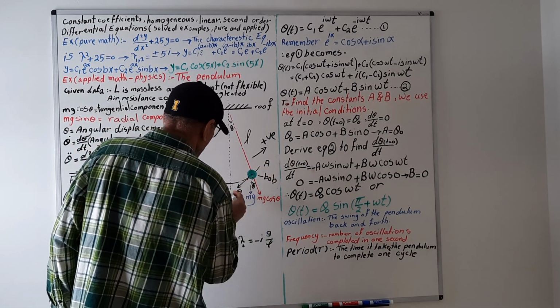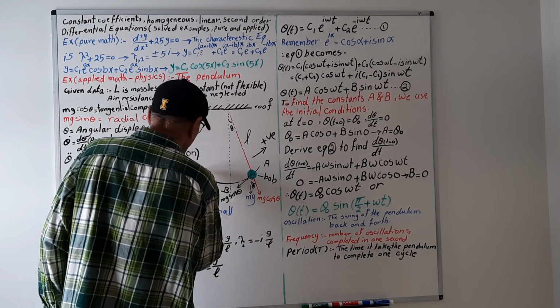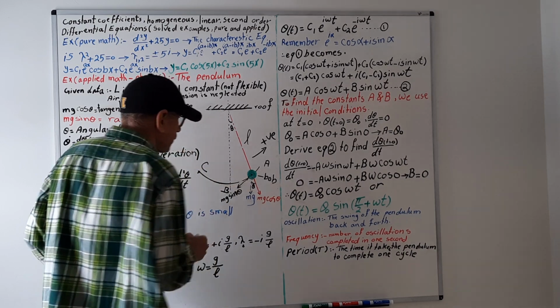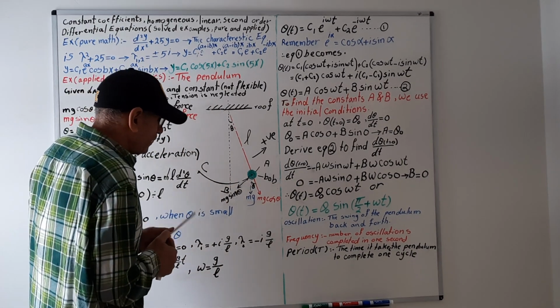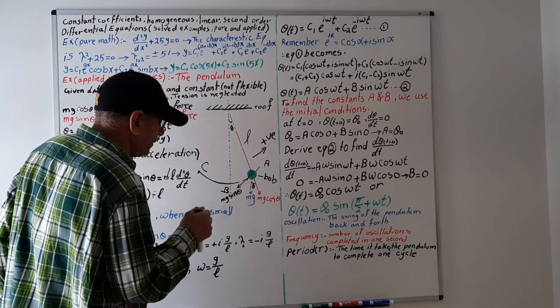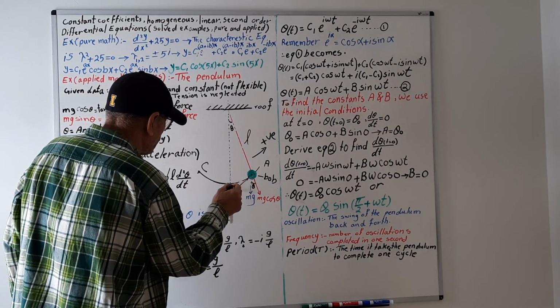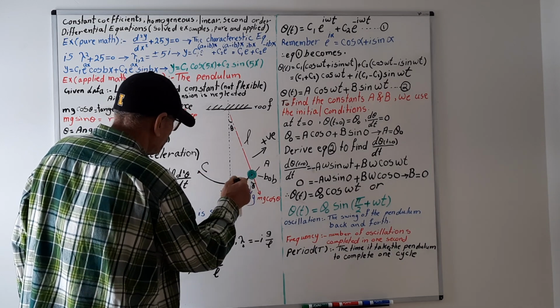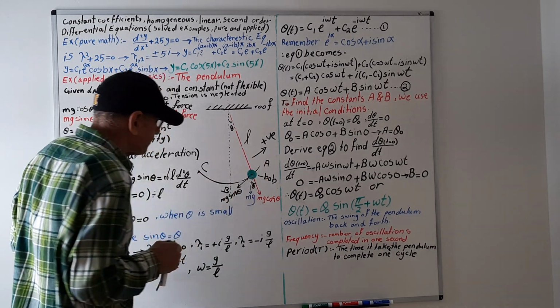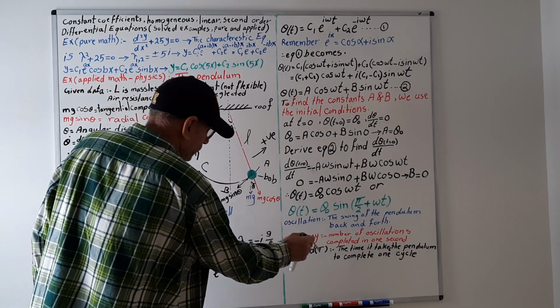Here this is point A, this is B, this is C. So the time it takes the pendulum to complete 1 cycle from A to B to C and back again to B and A, we call it the period.